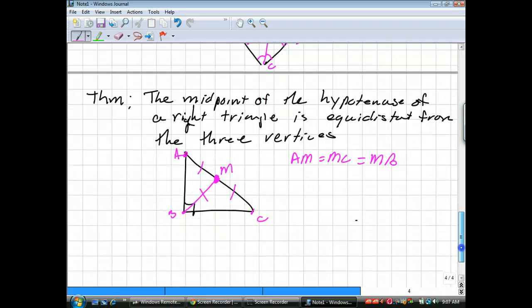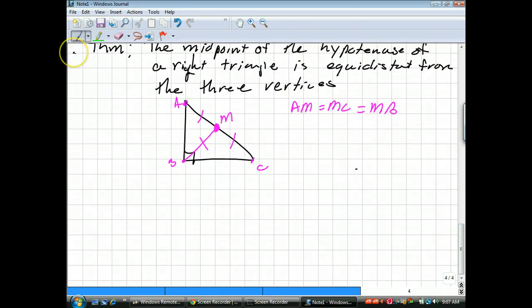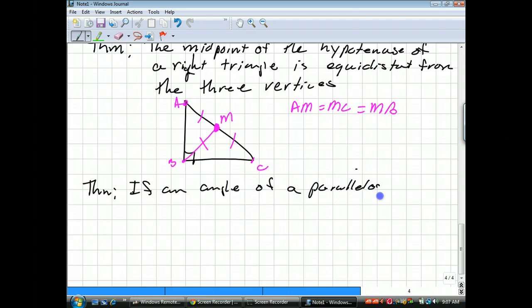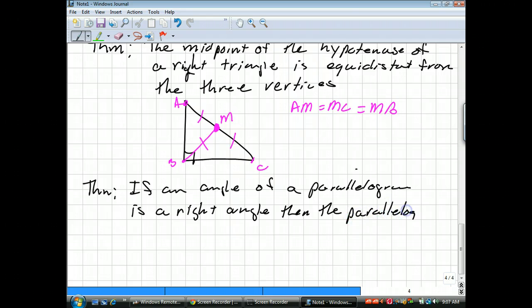Then the next theorem says if an angle of a parallelogram is a right angle, then the parallelogram is a rectangle.